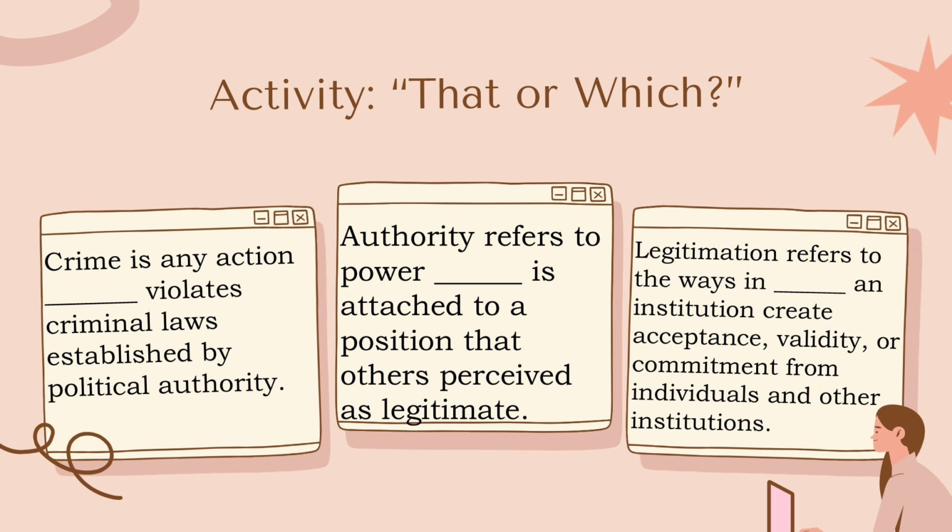Blank is attached to a position that others perceived as legitimate. Is it that or which? And lastly, legitimation refers to the ways in blank an institution creates acceptance, validity, or commitment from individuals and other institutions.